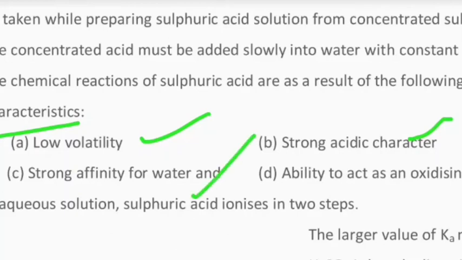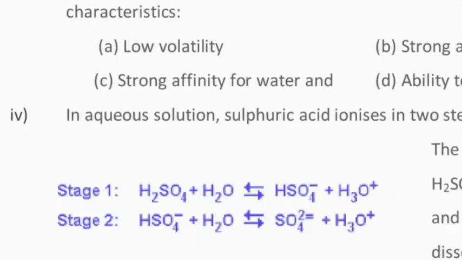The next one is the ability to act as an oxidizing agent. These are the important characteristic features which are responsible for the chemical reactions of sulfuric acid.